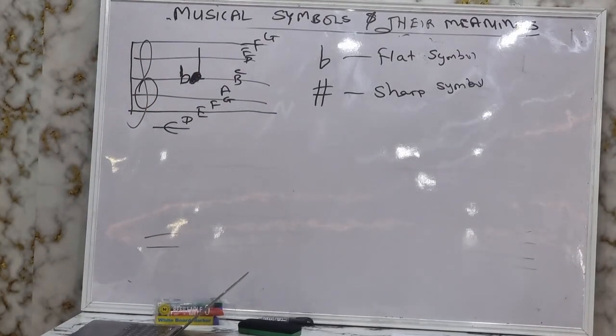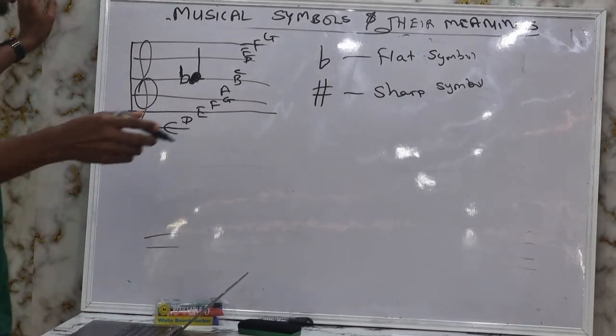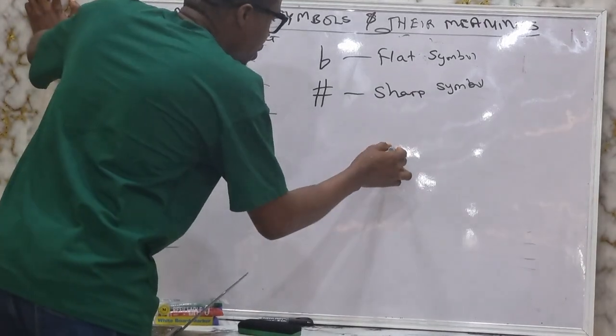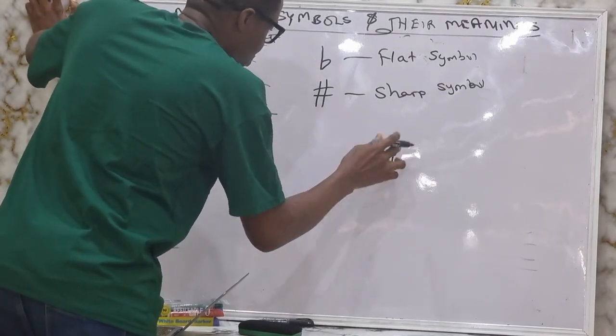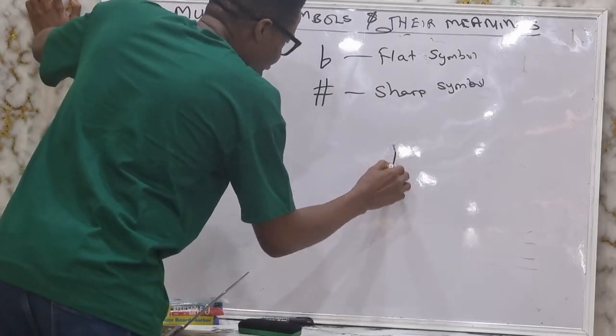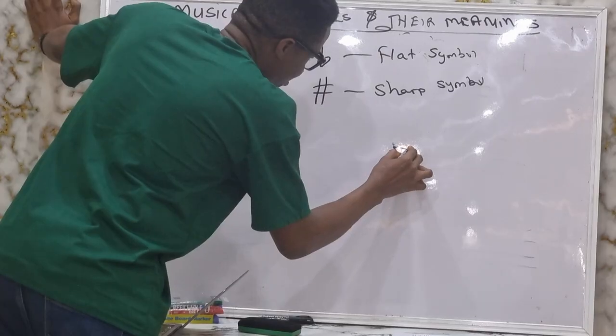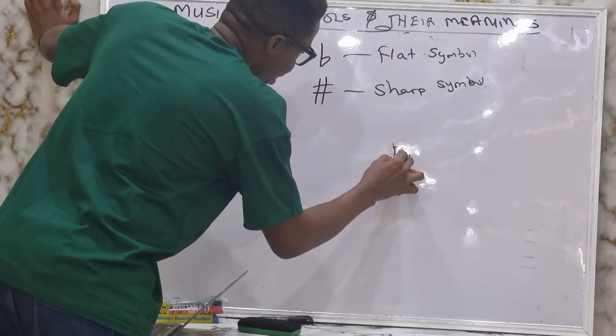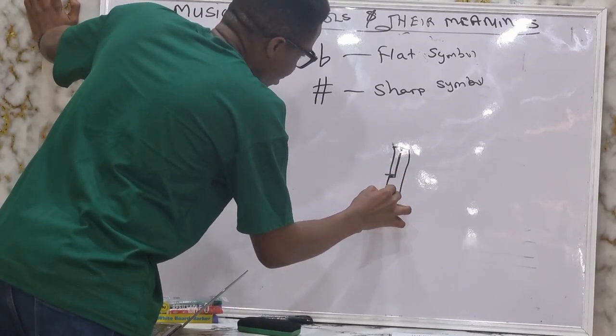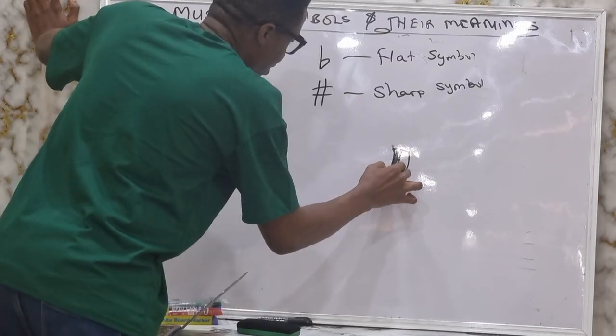I don't know if I can draw a keyboard. I don't think so. There's no time. But basically, in your keyboard, I don't know how I can draw this now for us to easily. Something like this. This is a black key in your keyboard.